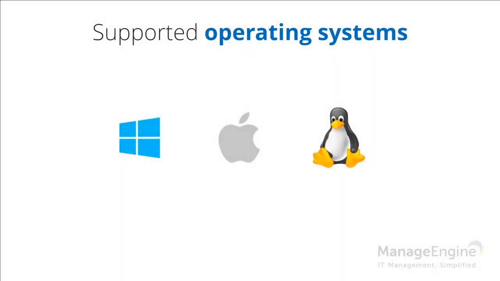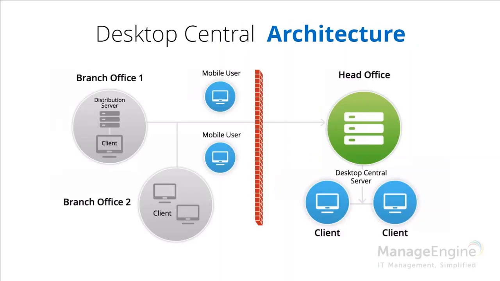So Desktop Central, as you know, is a client and server model which supports the following operating systems that you see here: Microsoft Windows, Mac, and Linux. Just to quickly brush up on the architecture, Desktop Central is a client and server model which is capable of managing machines on LAN, WAN, and roaming users.